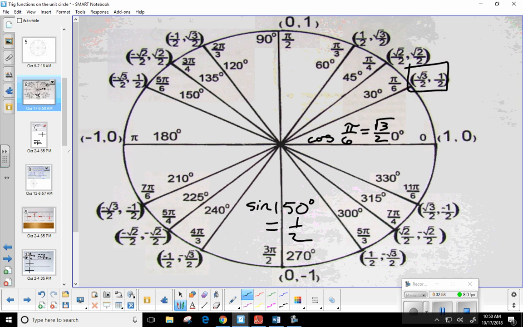What's tangent of pi over 4? Now remember, what does tangent want you to do? It's y divided by x, right? So I rotate to pi over 4. Here's the ordered pair I find. So what's this y divided by x?